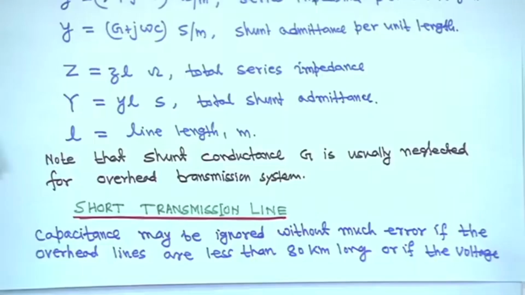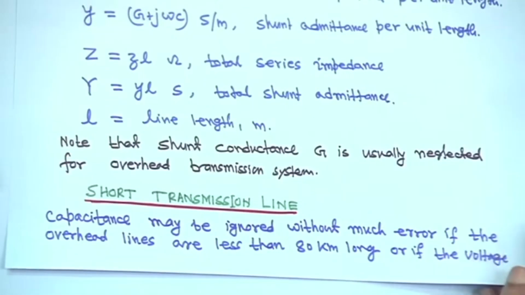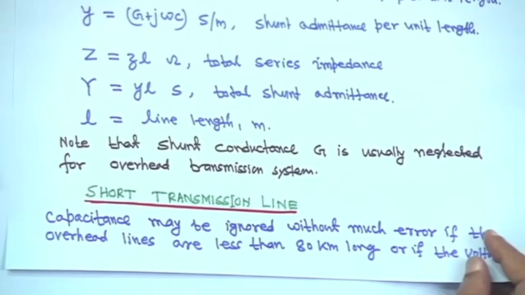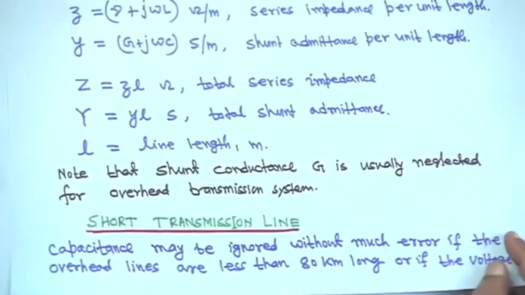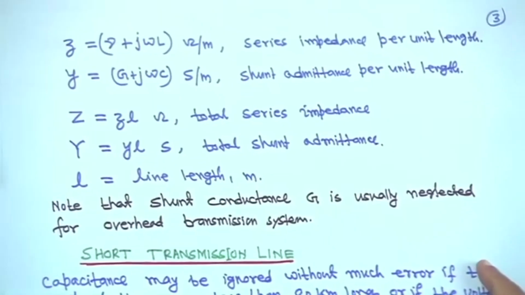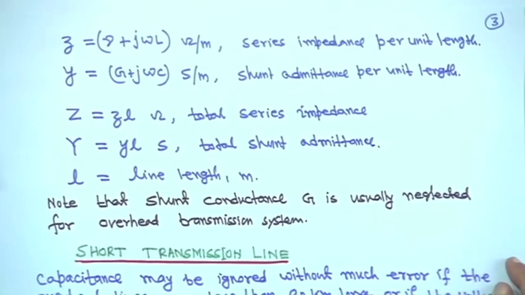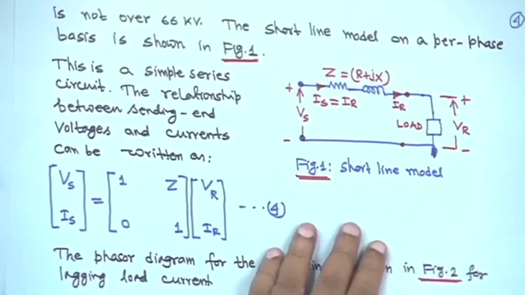So, we will assume the line is less than 80 kilometer long, or the voltage is not over 66 kV. Ultimately it is not 80 or 60; you have to see up to which length the charging admittance does not affect the performance evaluation of the transmission line, that is the major thing.